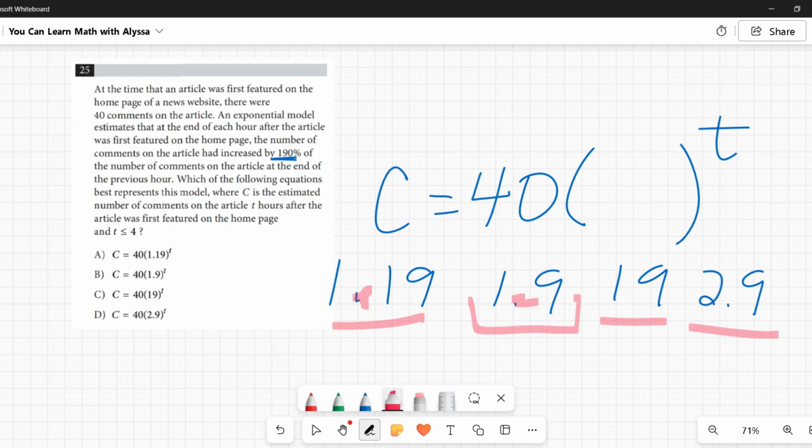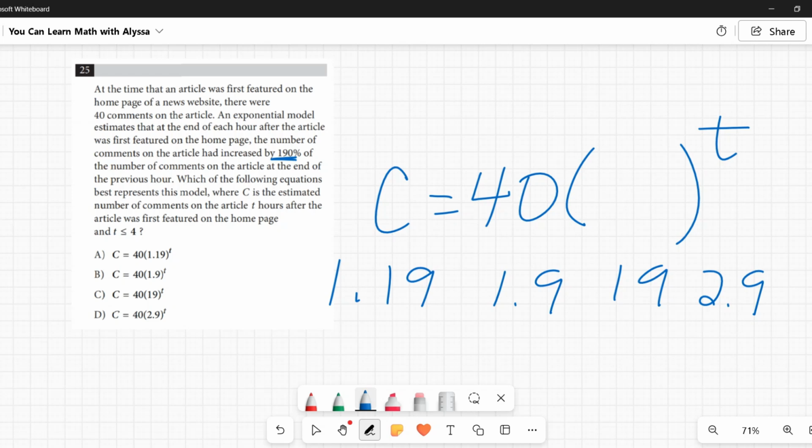And then we have this outlier of 2.9. I'm going to bet that a huge majority of the students taking this are going to be drawn to this 1.9. They're going to click on it and move on and get it wrong, because this is an increase by 190%, not times 190%.